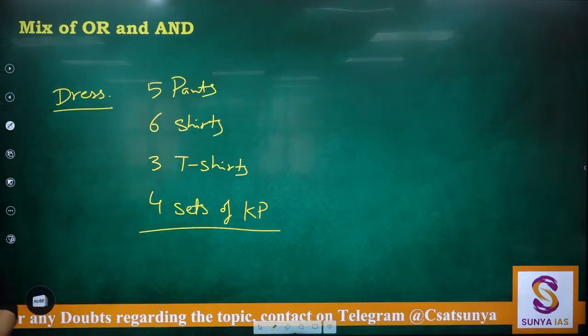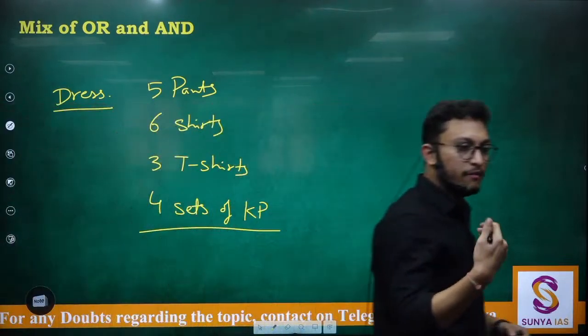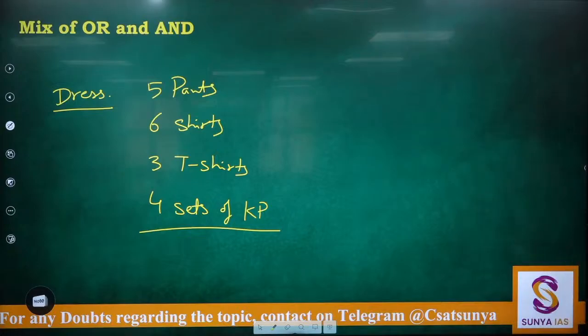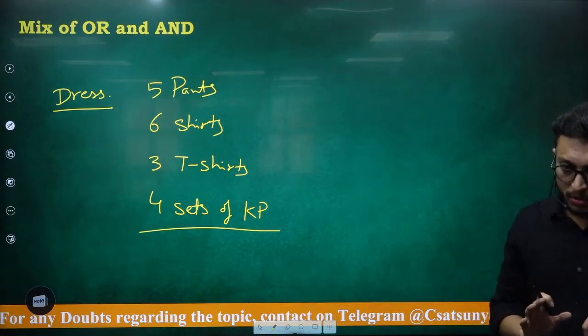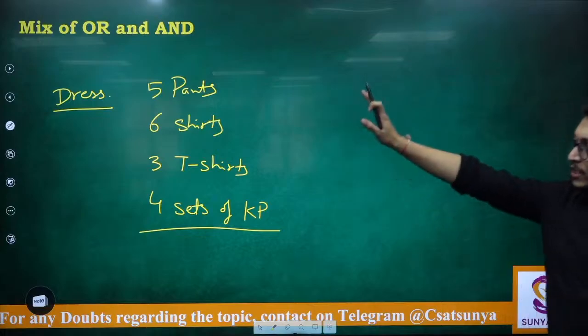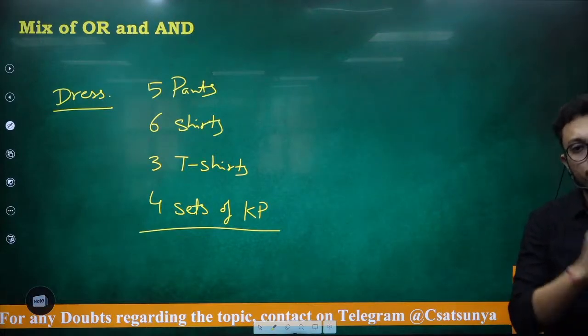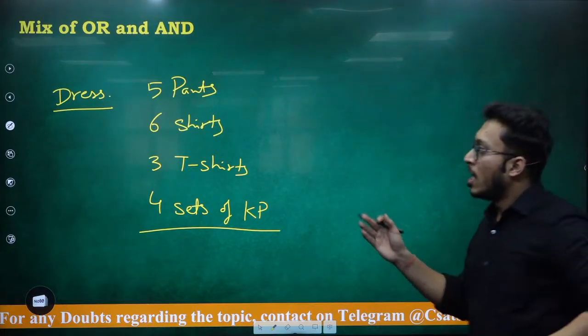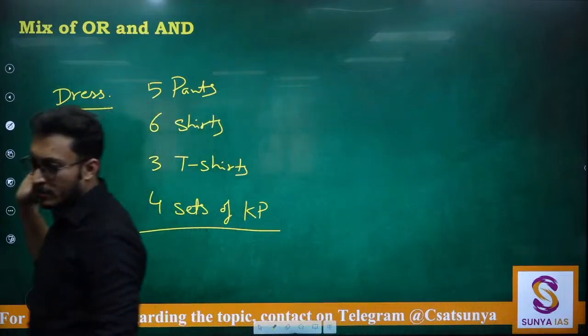Now tell me, eventually I'll increase the level. Here we are mixing both and and or. I have these sets of clothing with me. Now use your common sense and tell me in how many different ways I can dress.